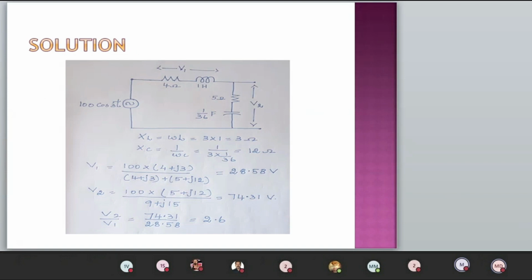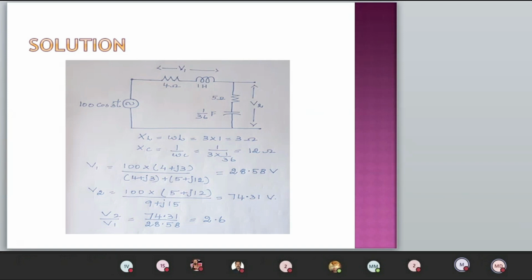Now, first to find XL and XC. XL is omega L, and omega is already given in 100 cos omega t, so omega is equal to 3. XC is 1 by omega C. Omega is 3 and C is already given as 1 by 36. So XL is 3 and XC is equal to 12.